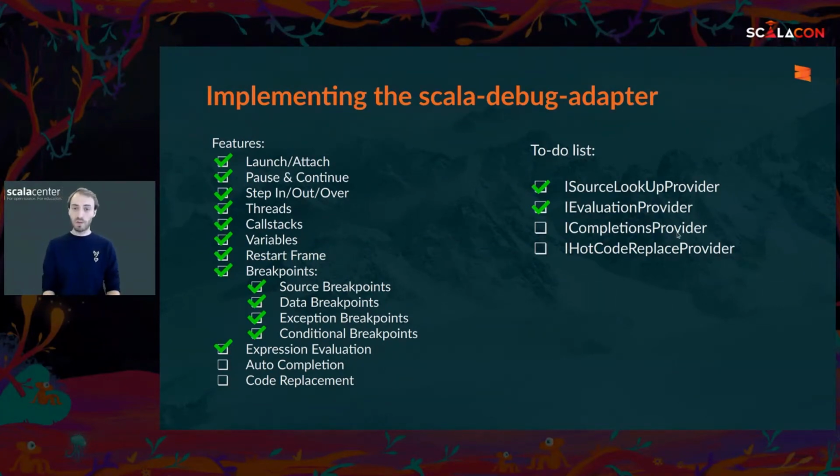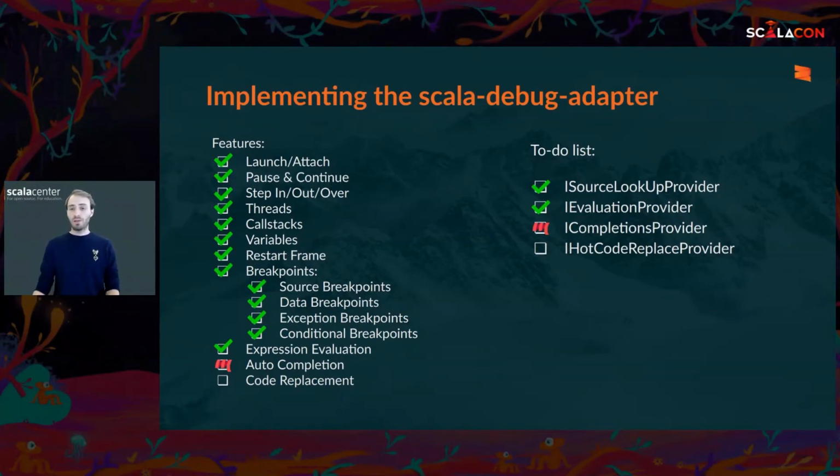But for this one, I will use Joker because the completion providers do autocomplete in the debug console. But autocomplete is something that Metals does very, very well. So we don't need the debugger to do it. So it's implemented in Metals directly. So Metals intercepts those requests and answers them.